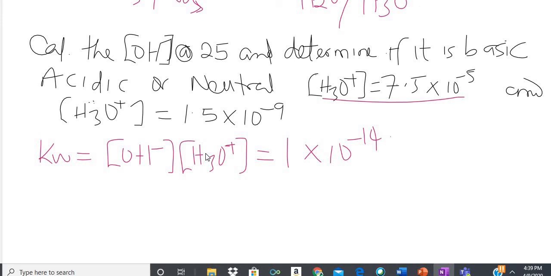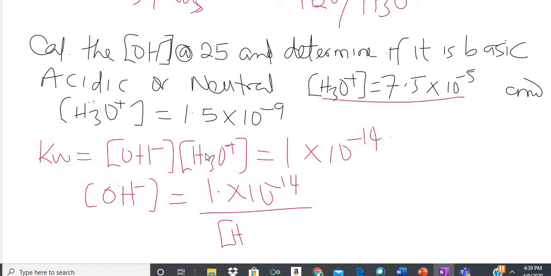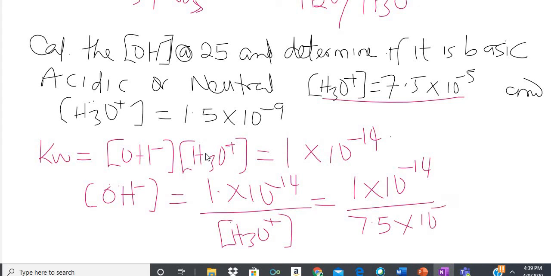We know the hydrogen ion concentration to be that, so our hydroxide ion is going to be 1.0 times 10 to the negative 14 divided by our hydrogen ion concentration, which is 7.5 times 10 to the negative 5.